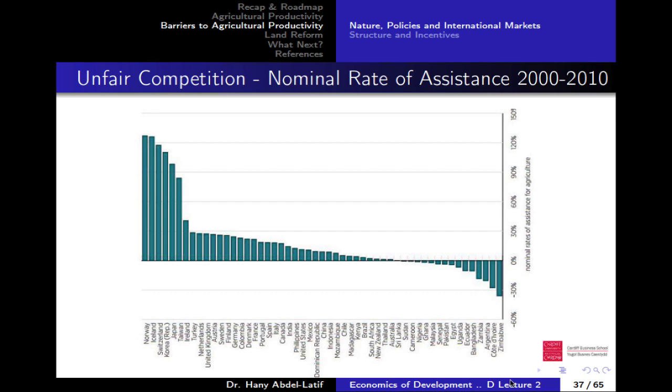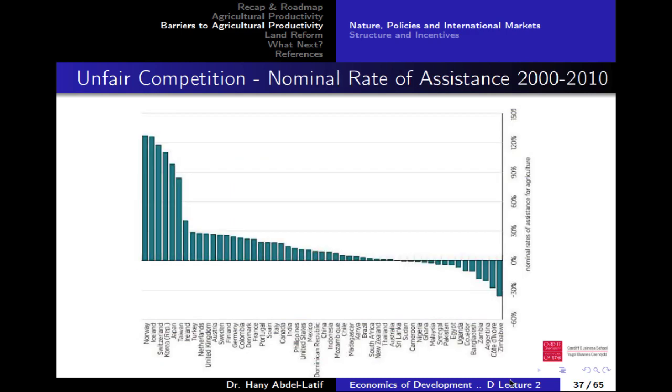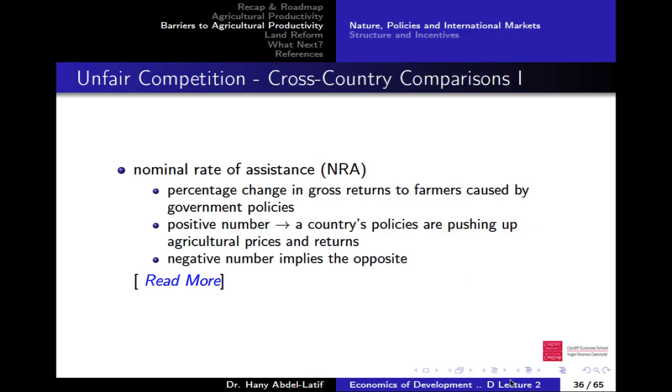So a negative number means, just going back to what that means, the rate of assistance, that they don't receive assistance from their governments. So a high number means high. This is the percentage of gross returns to farmers that is caused by these government policies.